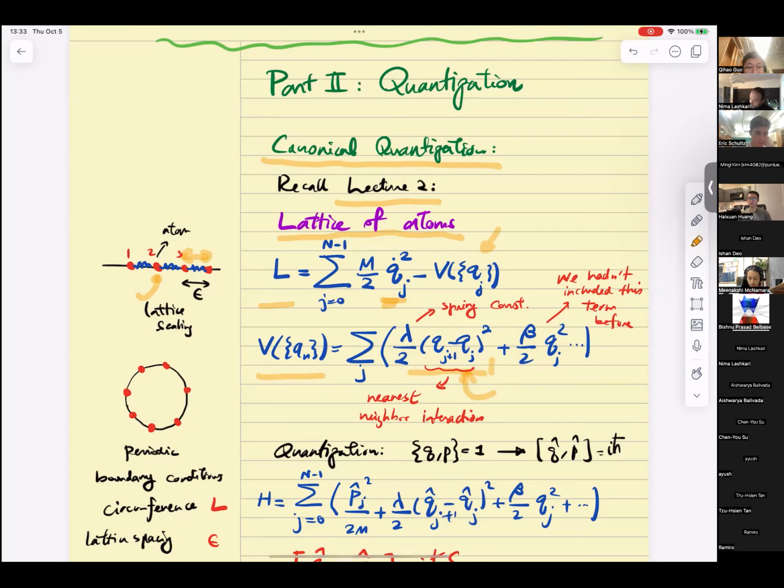And then this was the term that we included, nearest neighbors, and this was the spring constant. There is a term I could have included there, a second order term, beta over 2, where beta is some coefficient, and q_j is the value at each point. I did not include that for simplicity in lecture 2, but today we're going to keep track of that. It will be important for us.